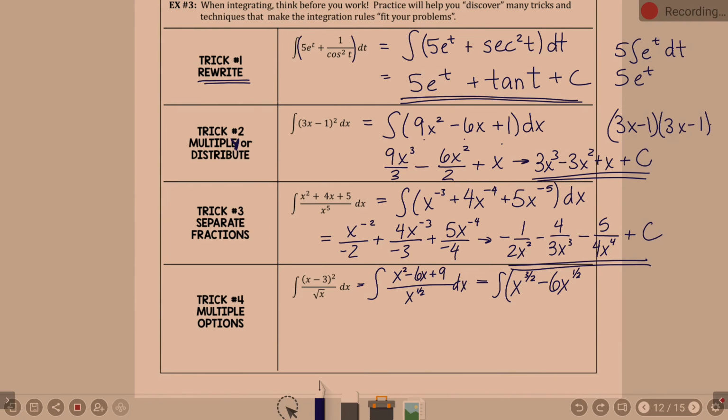Plus, what about 9 divided by x to the 1/2? It's 9 over x to the 1/2, but in prepping for antiderivative, I brought that x to the negative 1/2 up. Okay. And now, I'm ready to integrate.